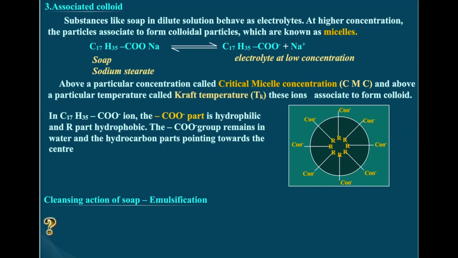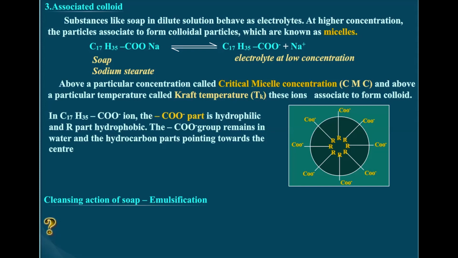That is, once again, when the concentration of soap increases, and if you are trying to wash a dirty cloth, the alkyl part, which is hydrophobic, is grease loving. So the alkyl part will get mixed with the grease and the COO- will remain in water.